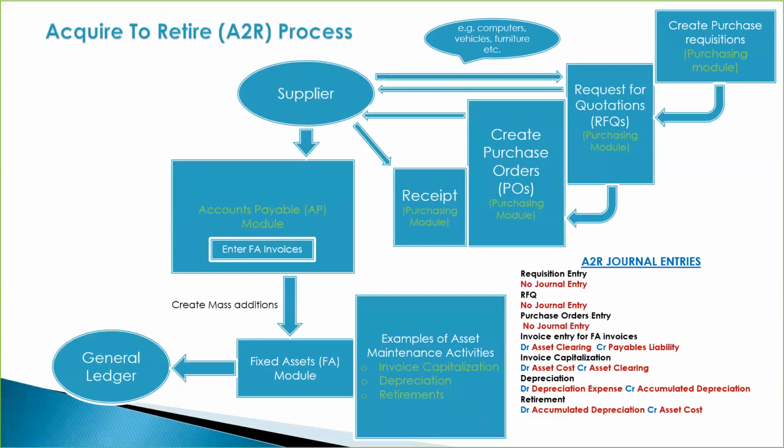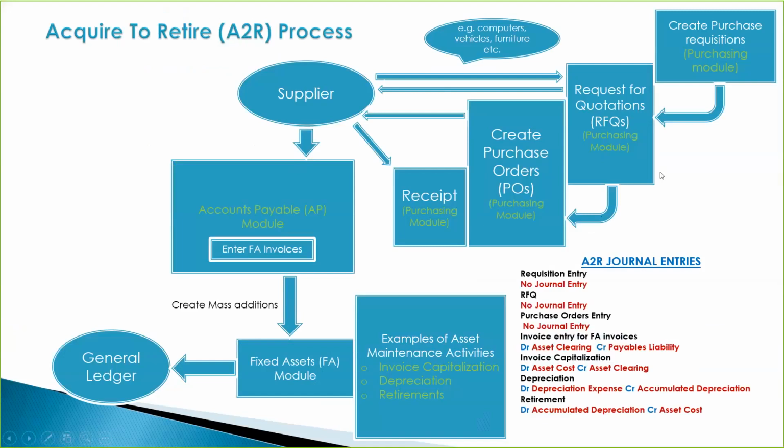The acquire to retire process is pretty much similar. It's one of the processes businesses follow, and it is basically for when companies are dealing with anything to do with assets, when they are procuring assets for use in the business.